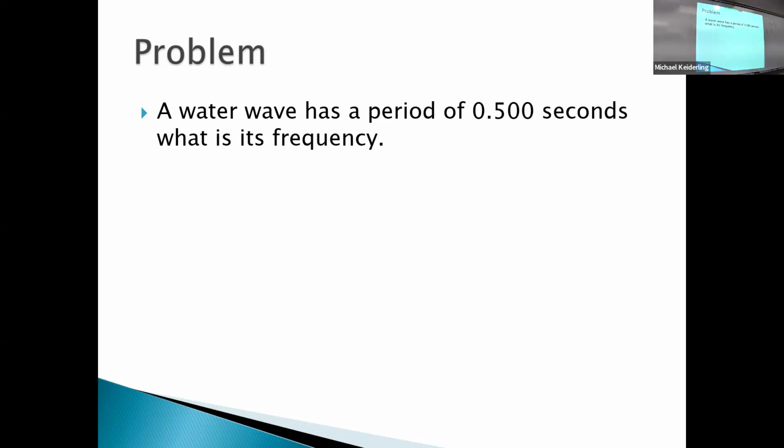So frequency is 1 over period, so 1 over 0.5 seconds, 2 hertz.